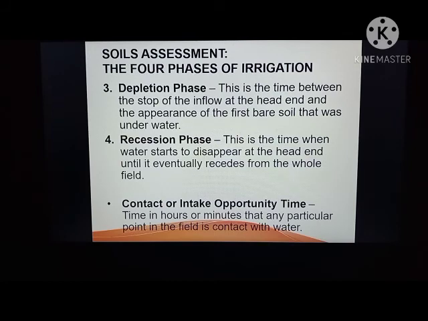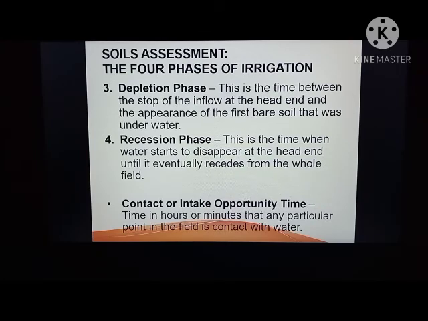The last phase is the recession phase. This is the time when the water starts to disappear at the head end until it eventually recedes from the whole field.